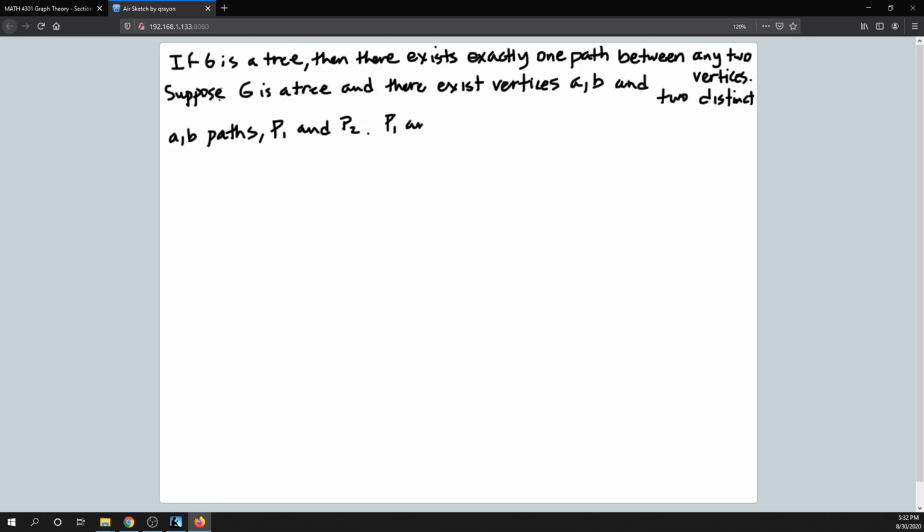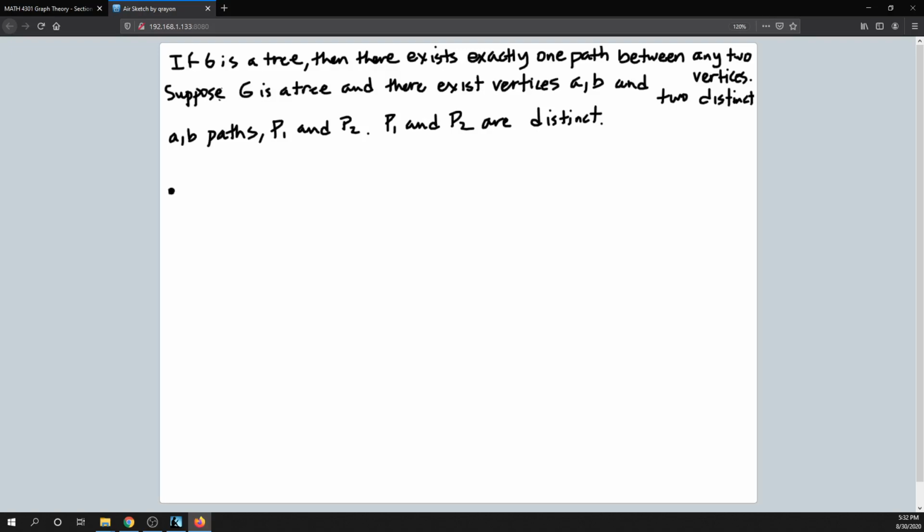So that means that there is a vertex that belongs to both path 1 and path 2, such that the vertex after that common vertex is different in P1 and P2. Picture-wise, it's going to look like this.